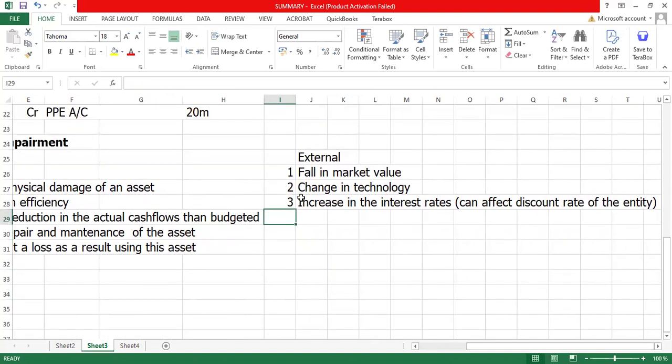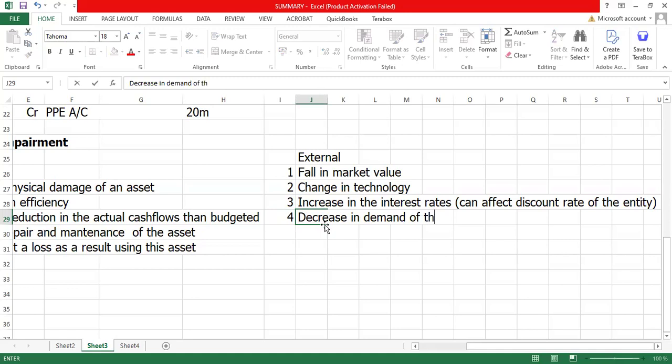If there is decrease in the demand of the product related to your asset.